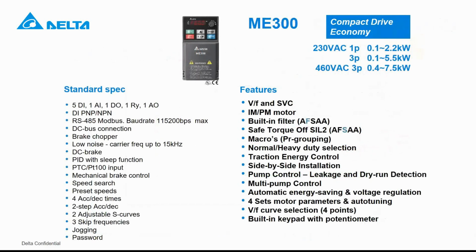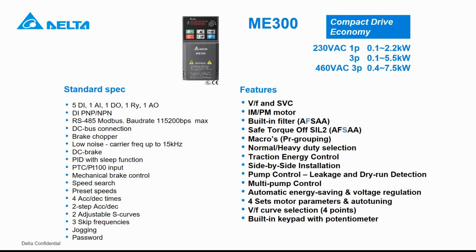Firstly, I can show you the ME300, which is the most recently released Delta drive. This is the economic version of the M300 series. You can have a read through the different specs and features of the drive, and if you have any questions, you can let me know.